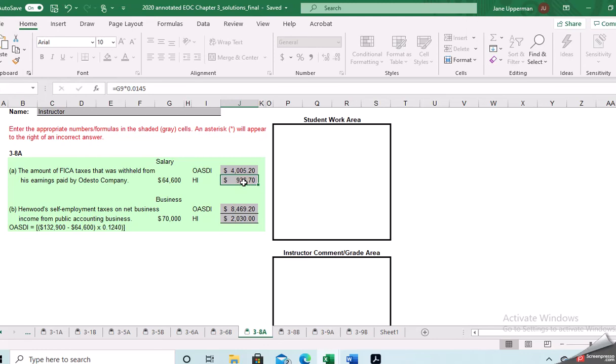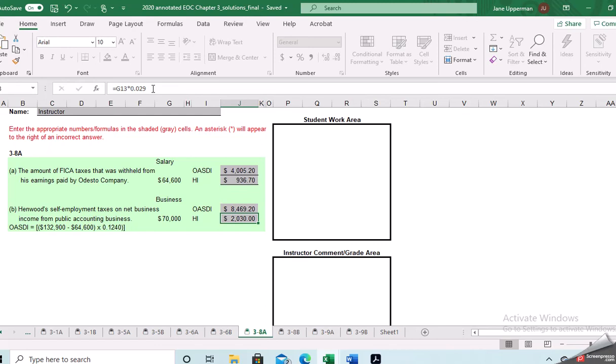notice that's only, sorry, I should make that notice on Social Security as well. If you look at this percentage, it's 12.4%, whereas when he is the employee, it's only 6.2%. So because he's now the employer and the employee, he pays that higher 12.4%, but only on the amount up to the $132,900.